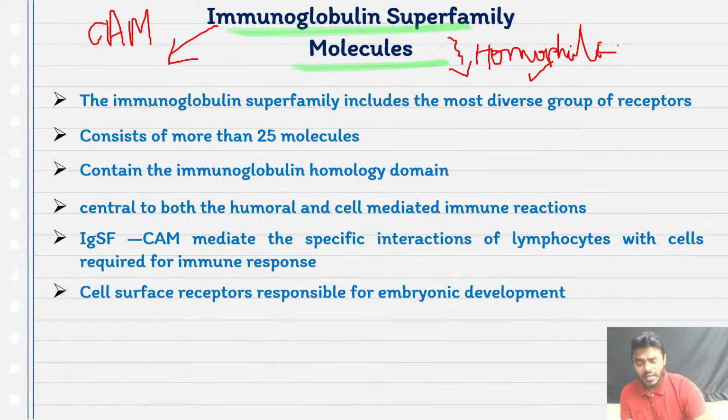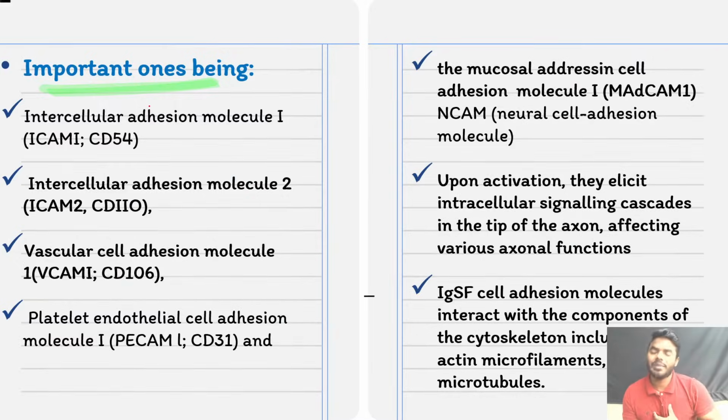If you look into our body, I am talking about humans, we have different types of immunoglobulin superfamily CAM molecules. Now the point is, based on what do we categorize them into different types? Everyone remember, friends, based on the tissue where they are expressed. Very simple point.